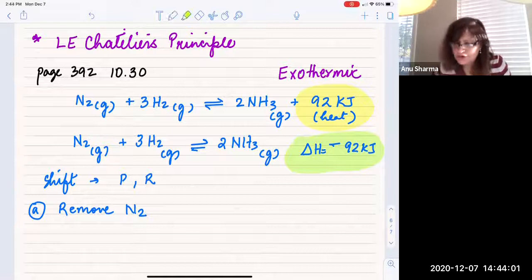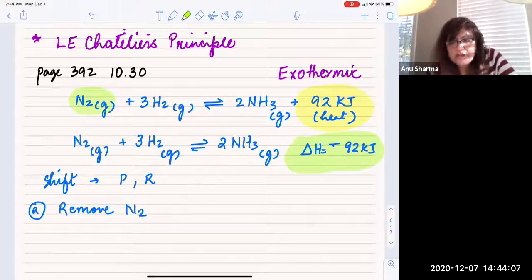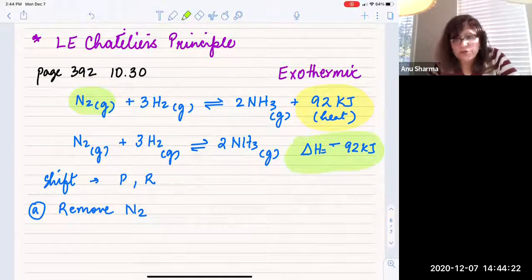You're removing nitrogen. Then what happens? Does it move forward? Does it move backward? Remember, the system is always going to work in the opposite direction. In the opposite direction means that you removed nitrogen, so now the system wants to produce more nitrogen.